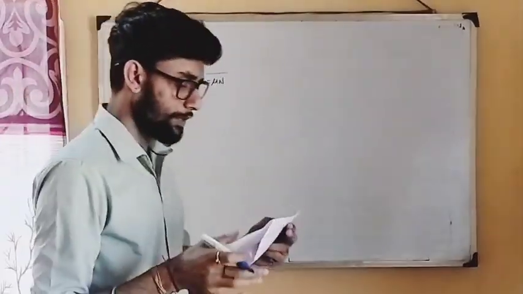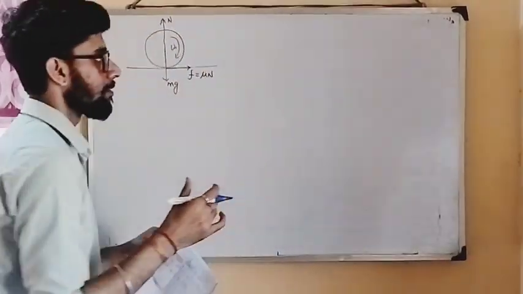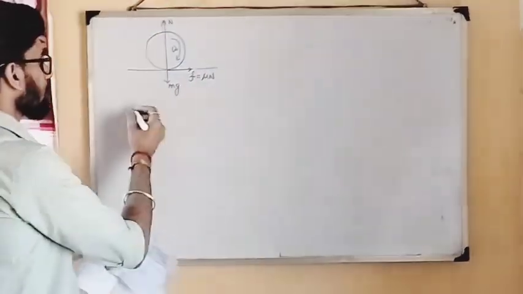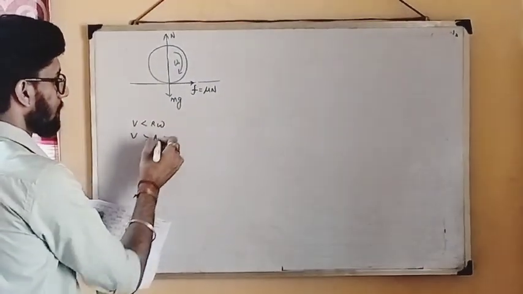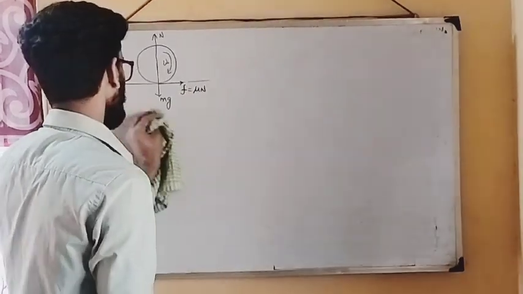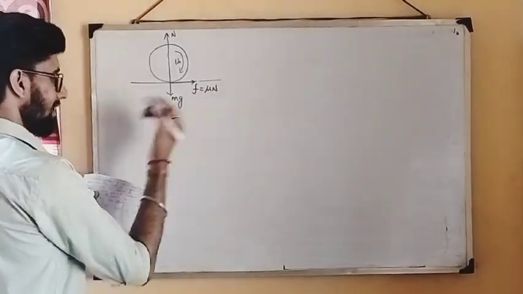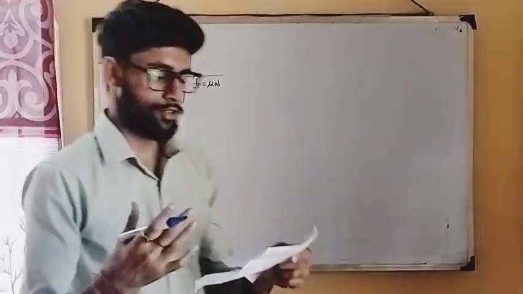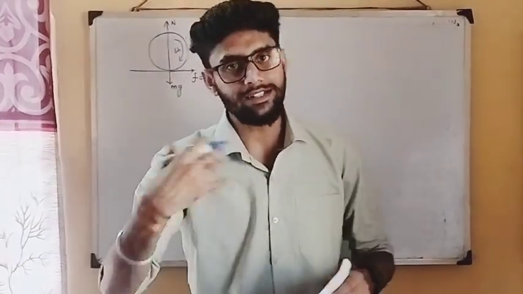Now the problem is saying how long the cylinder will move with sliding. The sliding case is when velocity is either less than r omega or velocity is greater than r omega. Both are undetermined cases. So we have to reach the case where the problem can be determined. Another way to solve this problem is by finding the case when it will start the rolling motion.